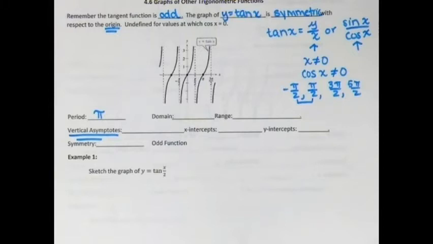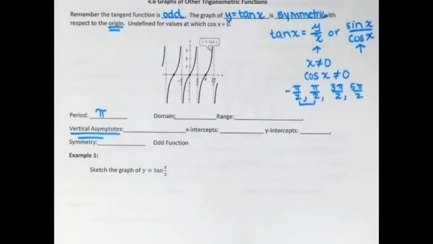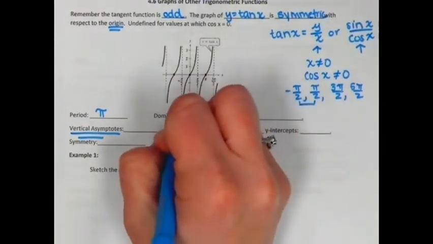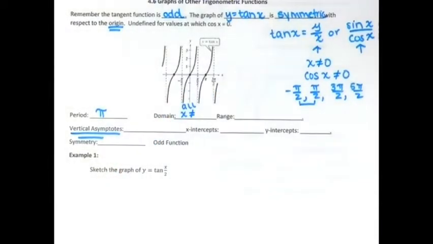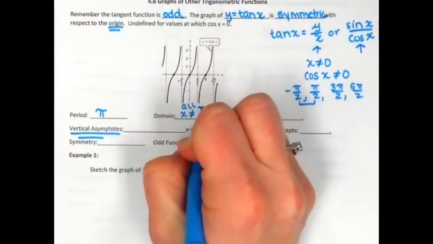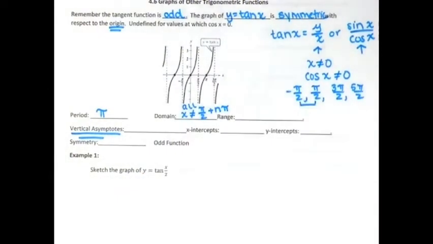The domain represents all x values, right? But is every x value on my graph? No, because we have these vertical asymptotes, correct? So our domain is actually all reals except x cannot equal pi over 2 plus n times pi, okay?